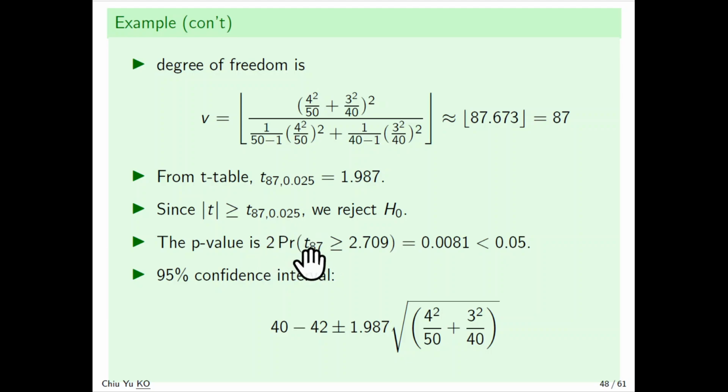The p-value will be the probability that t with 87 degrees of freedom is bigger than the absolute value of the test statistic, which is 0.01, so it's less than 5%. The confidence interval again is not difficult to see: the same, plugging in the formula. So that's it.